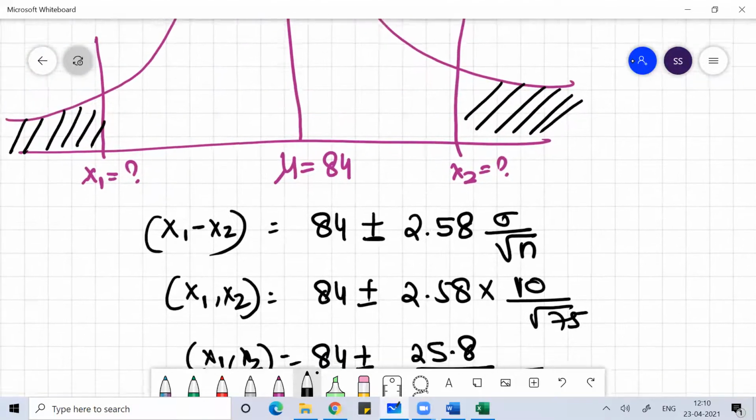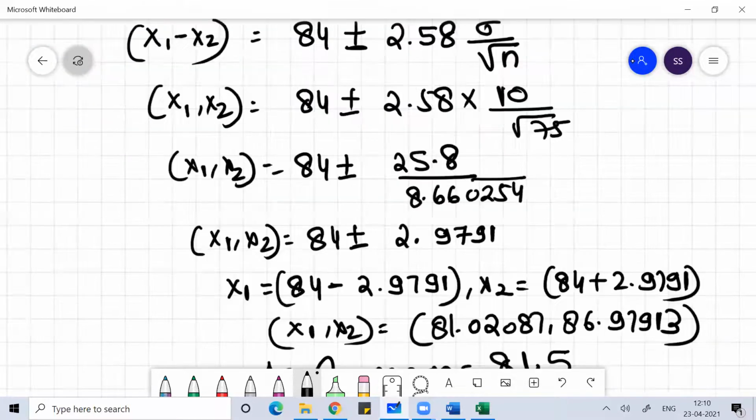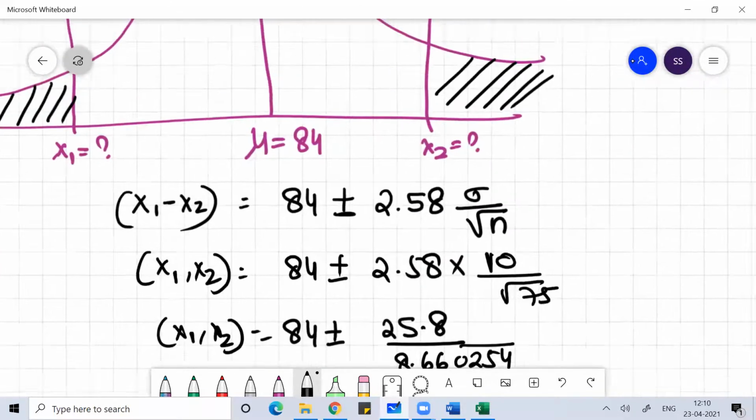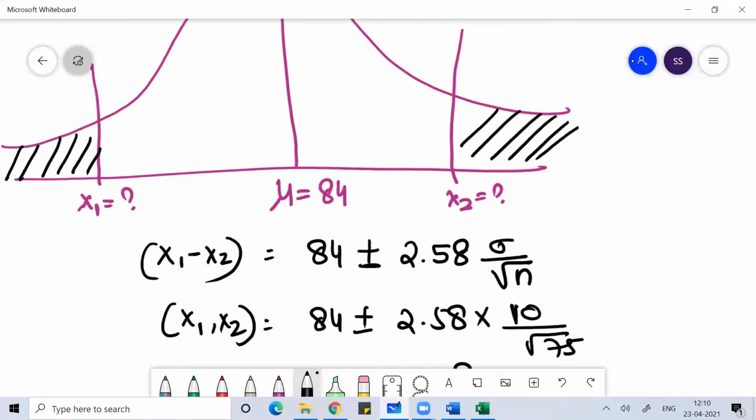The lower limit is 81.02 and the upper limit is 86.97, and your sample mean is 81.5.